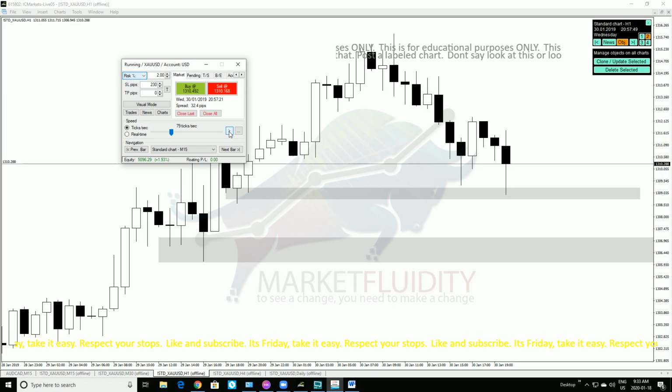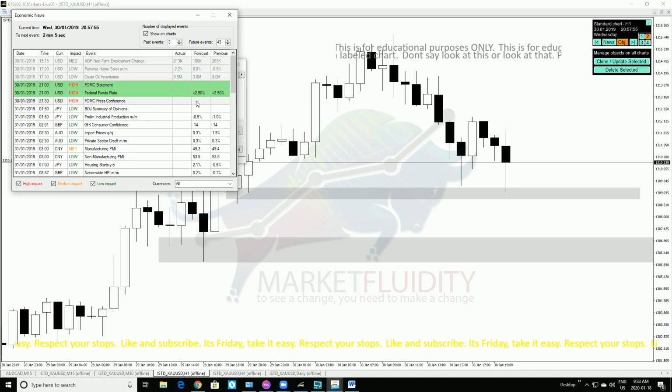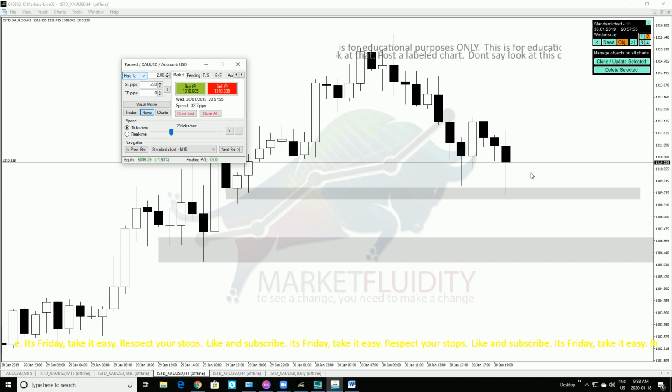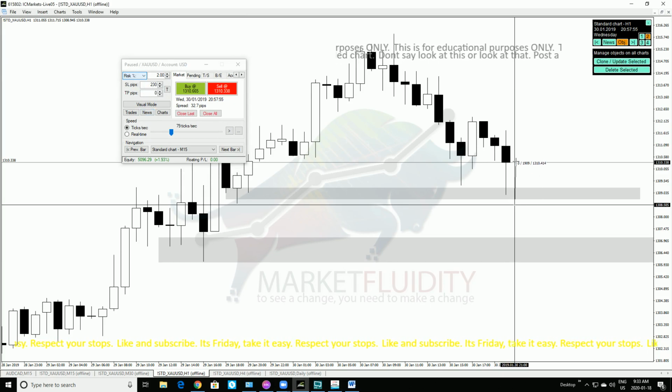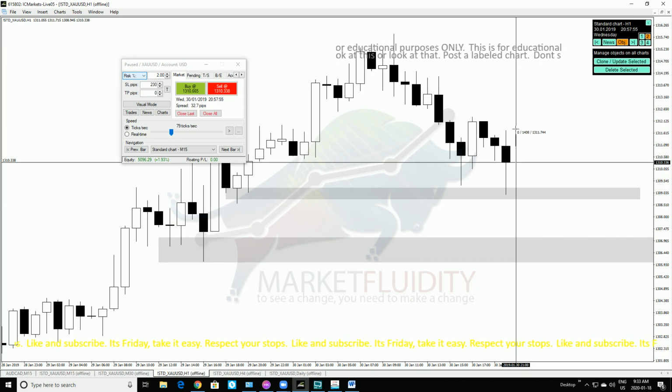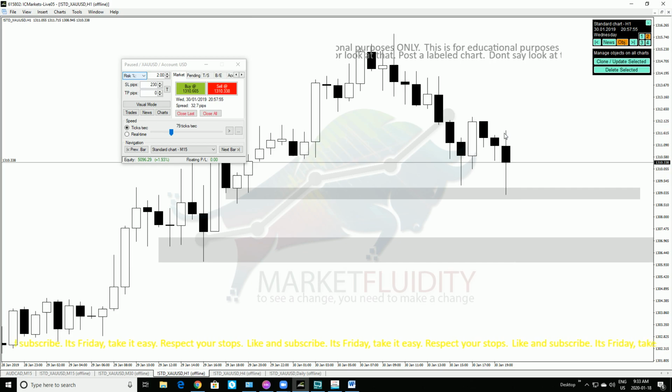if we look at news and they're keeping the rates the same, and we're going to use pending orders, I think a pending sell stop below this low is going to work, and a pending buy stop maybe up over here is going to work, above the high of the 1-hour candle, just like we did for the last one.